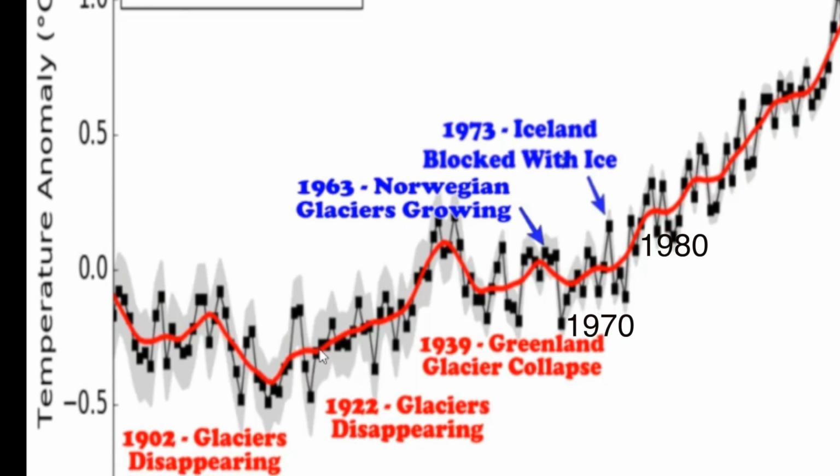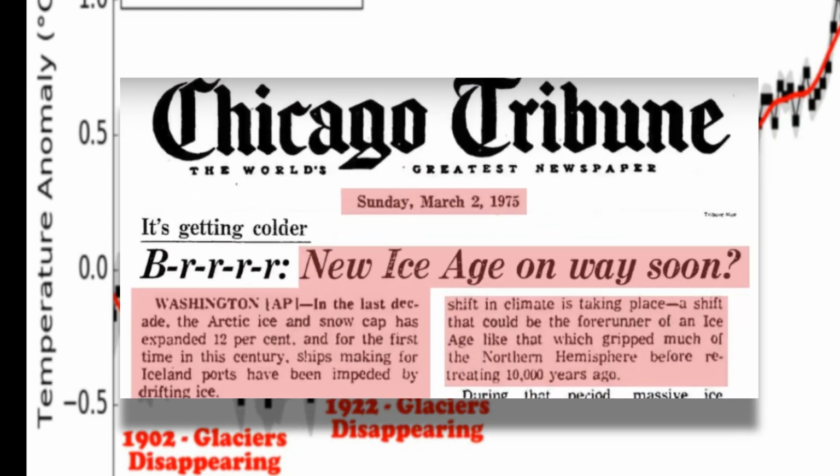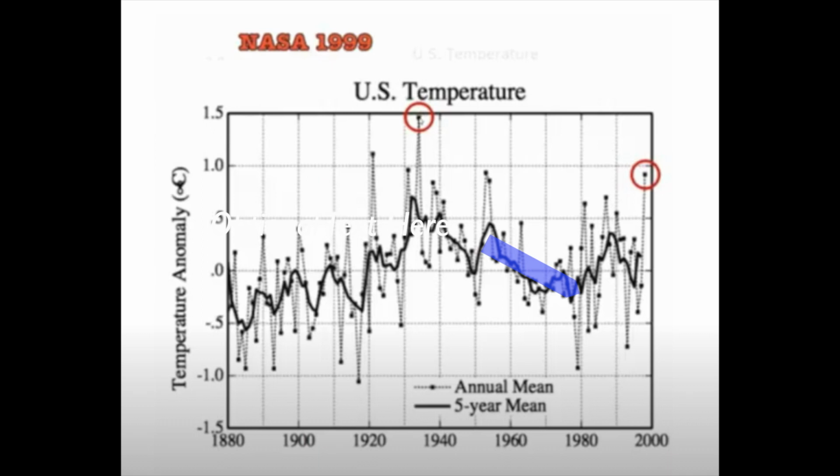And in fact, they were predicting that very soon there could be an Ice Age within decades. But between 1970 and 1980, according to this new graph, it warmed, totally going against history. Whereas before they fiddled the temperature graphs, the record shows that cooling period that caused the Ice Age scare.